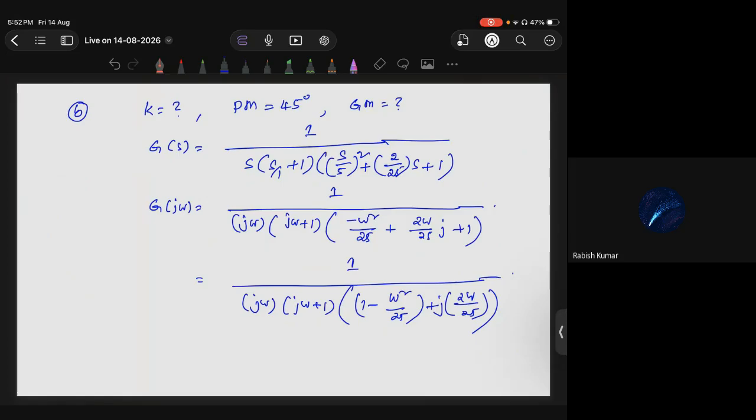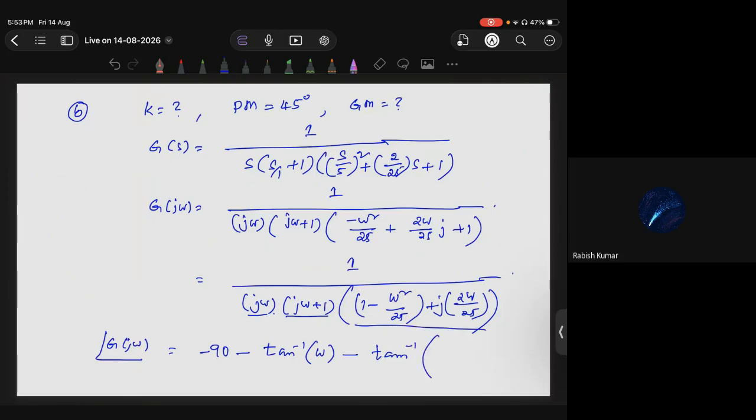Directly now we can calculate because we are interested in the phase margin. So let us find out the phase. What is the phase? The angle of G of j omega. Here you can see one by one. The first term, the pole at the origin, introduces minus 90. Minus, what is the angle of this? Tan inverse omega. Minus, what is the angle of the other part?